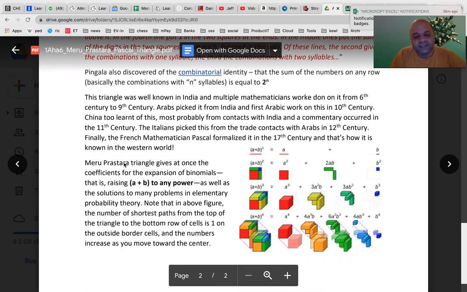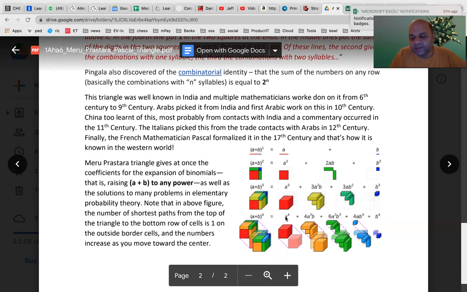This is called raising a plus b to any power, meaning a plus b raised to 1, a plus b raised to 2, a plus b raised to 3, like this. You do it, and you get these kinds of things like in algebra. The coefficients are the constant values, like in 3a squared b, 3 is the coefficient; in 3ab squared, 3 is the coefficient; b cubed means 1 into b cubed, so 1 is the coefficient.